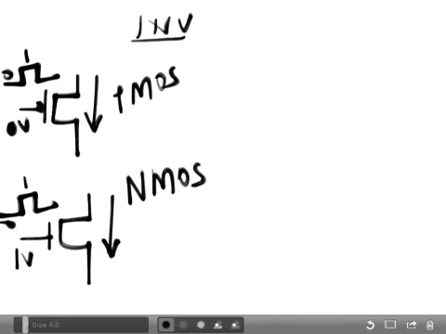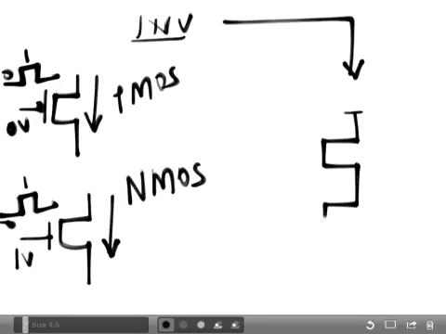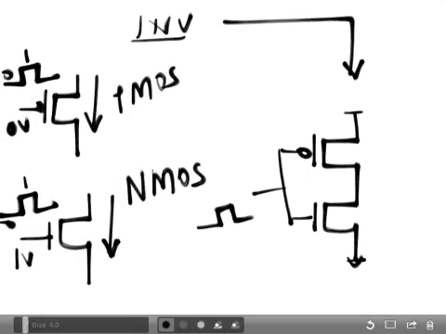So how does the inverter look like? It's a very simple circuit. An inverter is basically a combination of a PMOS and an NMOS connected together. So we have an input applied here. This is the input, and then this will be the output, OUT.